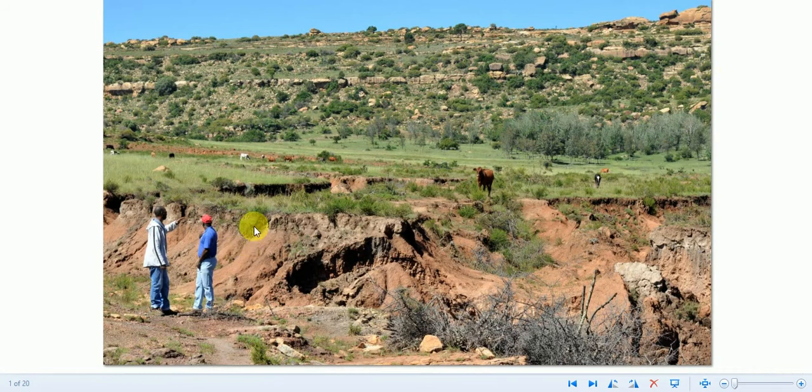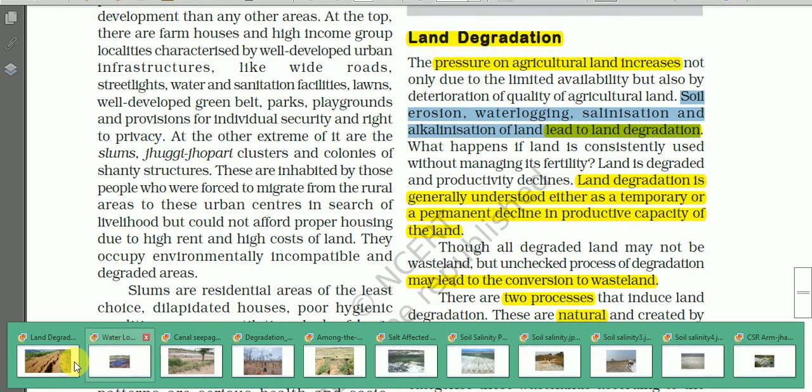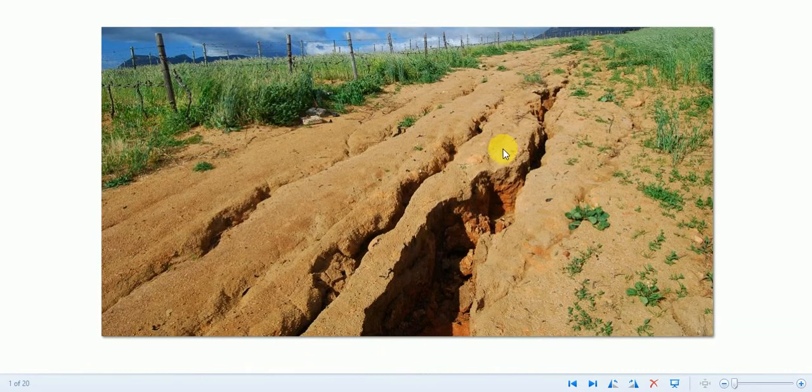Here this area is also affected, and this whole area is also affected. And we have one more photo. This is about land degradation and soil erosion. Land degradation because of soil erosion. This is what we call gully erosion.